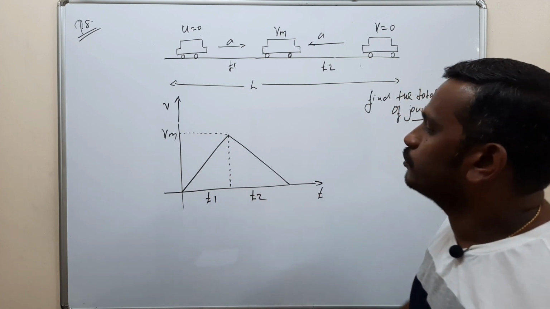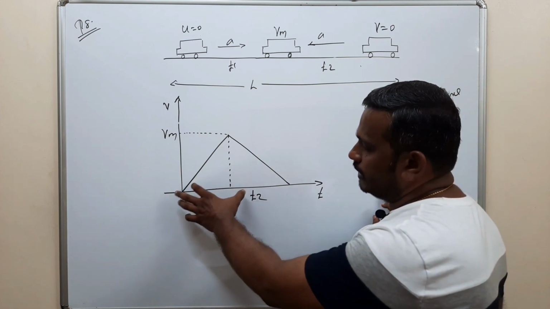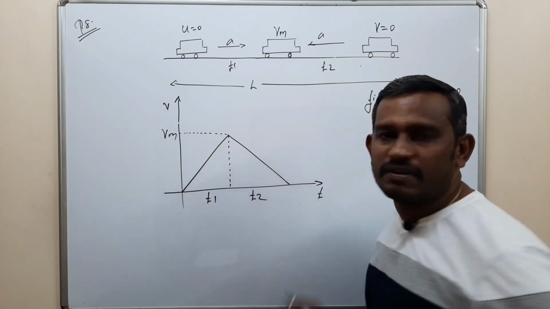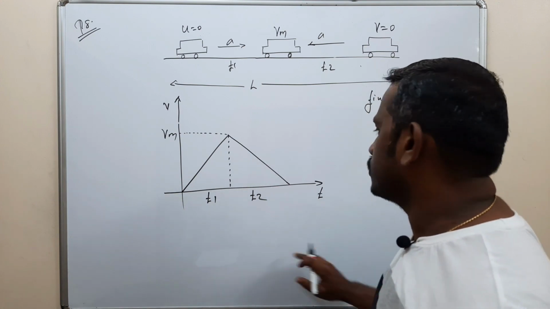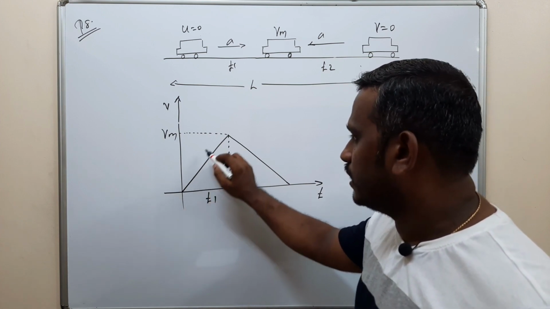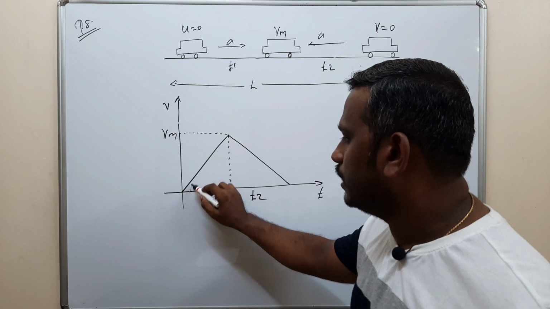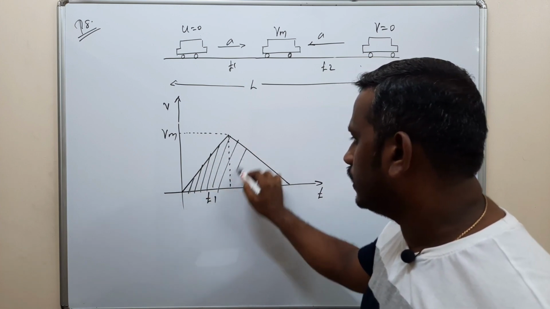So we have to find the total time of journey. We know that the area under the velocity time graph gives the displacement. So the area under this velocity time graph is nothing but the area of this triangle.